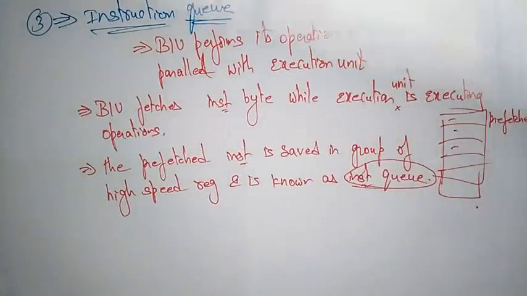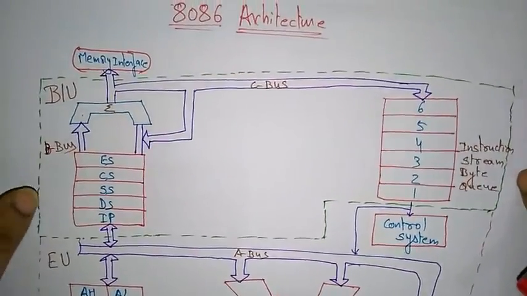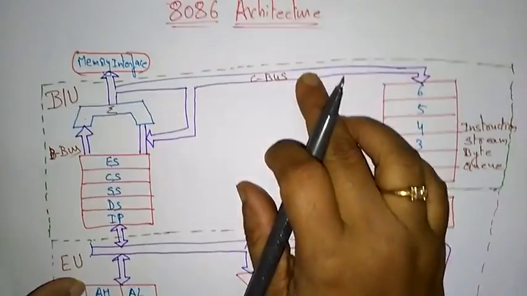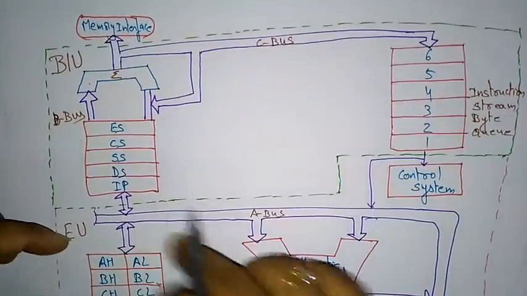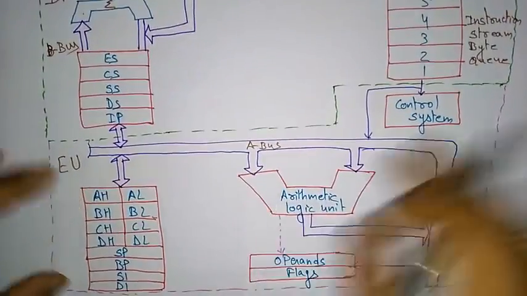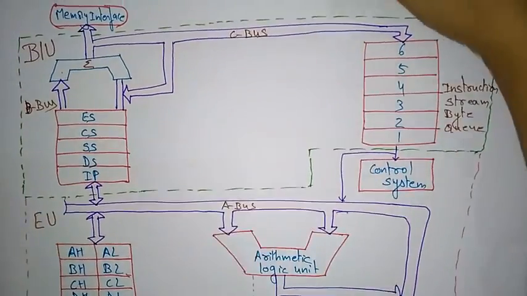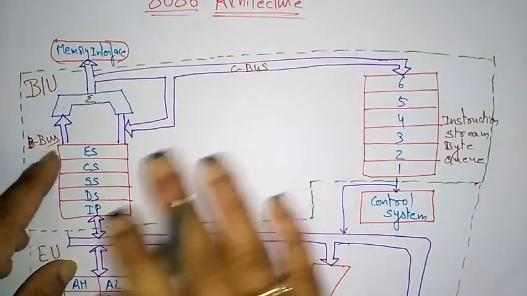So let's see the diagram, the internal architecture. This is the 8086 architecture. I said that the 8086 architecture is divided into 2 units: one is the bus interface unit and the next is the execution unit. I already talked about the bus interface unit. Let me clear up the functions that this bus interface unit will do.